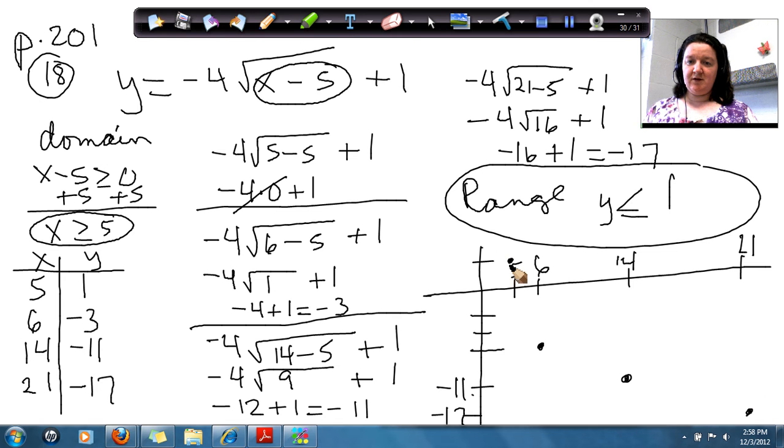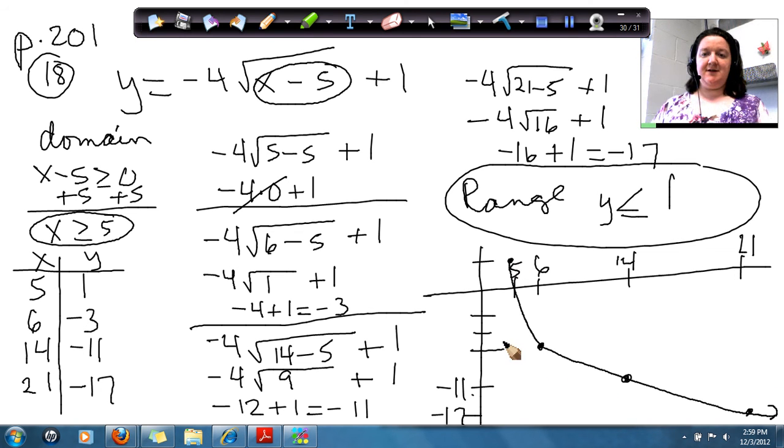So if you look at this, it goes down really fast and it kind of slows down as it heads out, and that's our graph for 18.